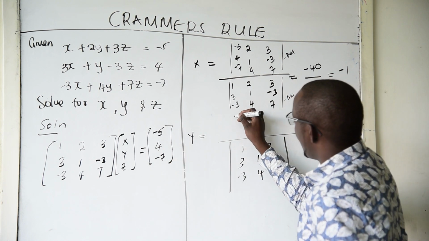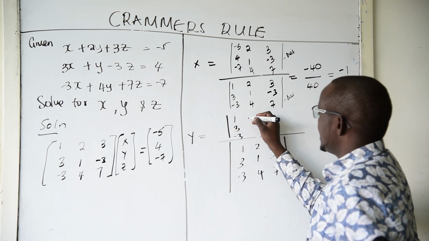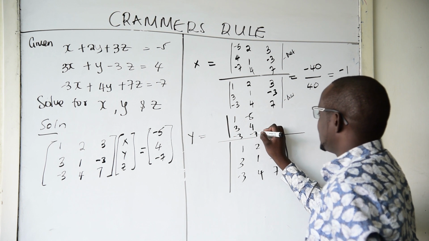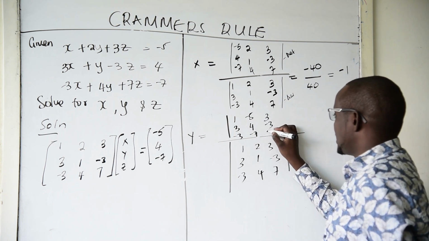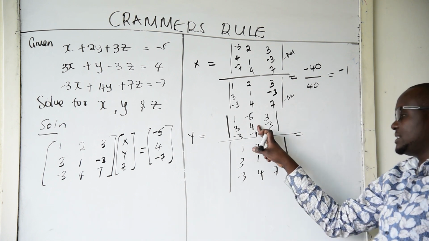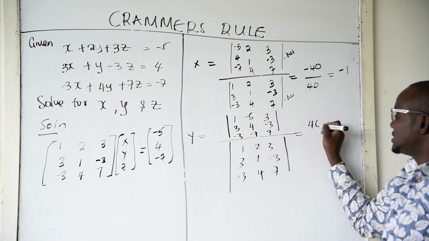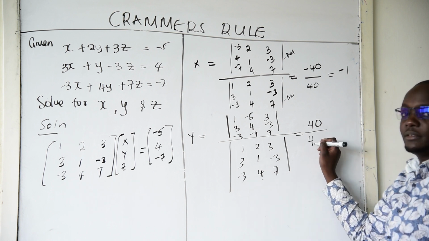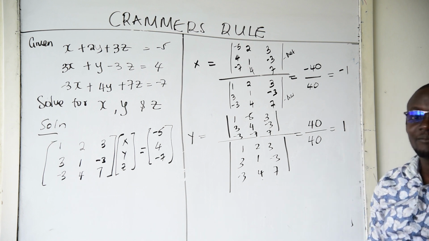So we have 1, 3, negative 3 and we need to find that determinant. The second column now becomes 5, 4, negative 7. The third column becomes 3, negative 3, and 7. If you work out the determinant of this matrix, you will get 40, and the determinant of the denominator matrix is 40. That means your y will be equal to 1.